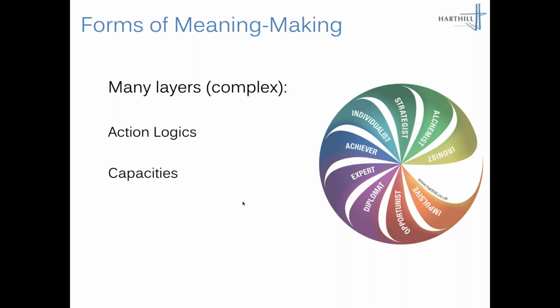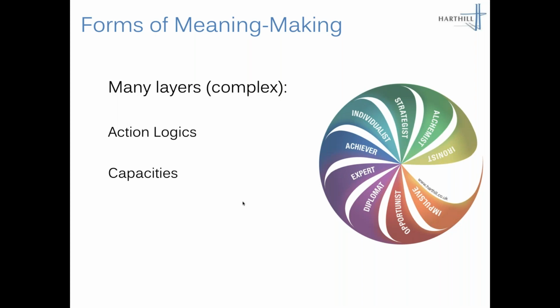And we refer to each of these labels, diplomat, expert, achiever, and so on, as an action logic. Within each action logic, there are also sub-phases. So there's early and main stage and late. So there's quite a lot of differentiation in these different forms of meaning-making.